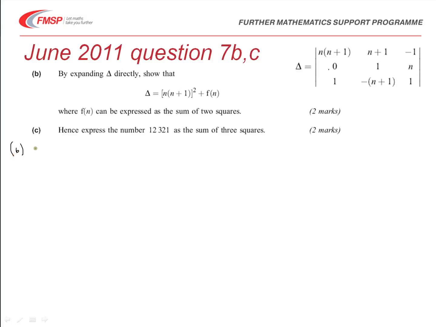If we do that, this determinant is going to equal n times n plus 1 multiplied by 1 times 1 minus n times the minus n plus 1, so that becomes plus n plus 1.